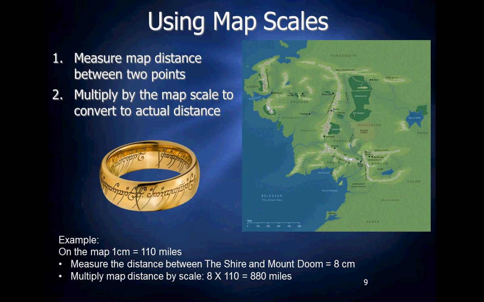If I measure the distance between the Shire up here and Mount Doom in Mordor down here, that distance is 8 centimeters. If we multiply 8 centimeters times the map scale, it's actually 880 miles between the Shire and Mount Doom. That's a long journey.